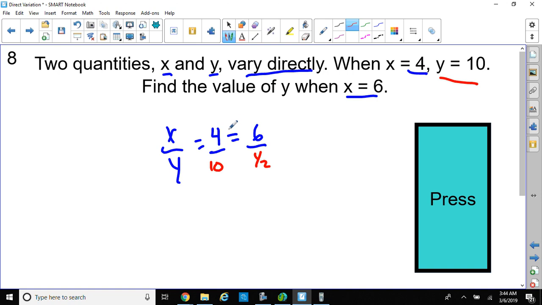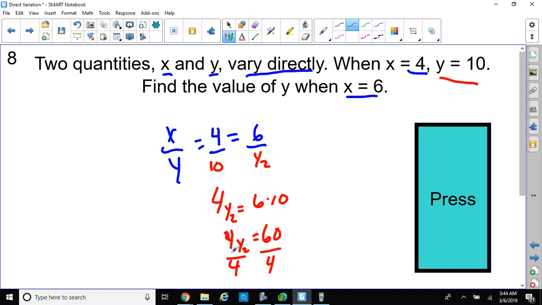So remember, these are equal fractions, so all you've got to do is cross multiply. 4 times y sub 2, the second y, that's a subscript, not a 2y, and 6 times 10. 6 times 10 is 60, and that equals 4 times the second y. All I do is divide by 4, divide by 4.